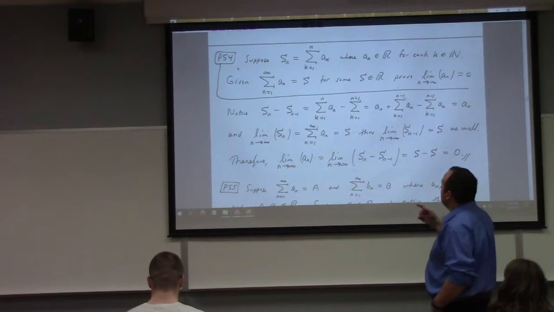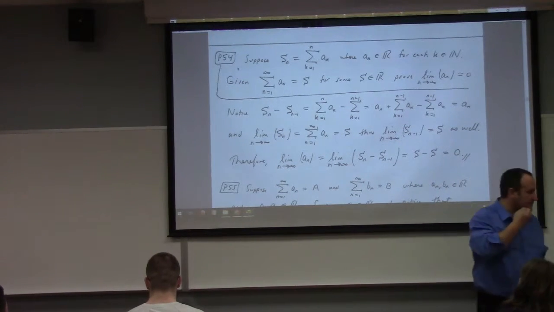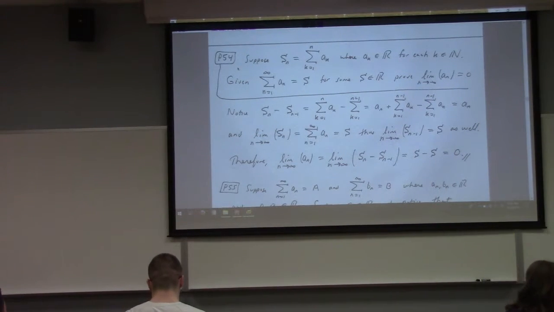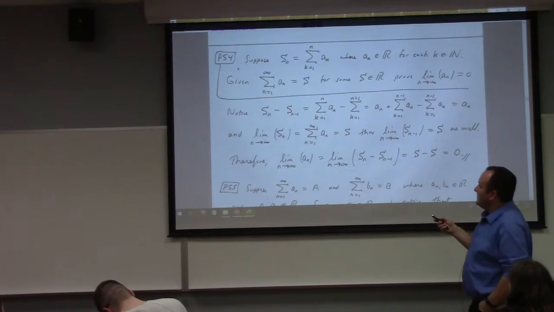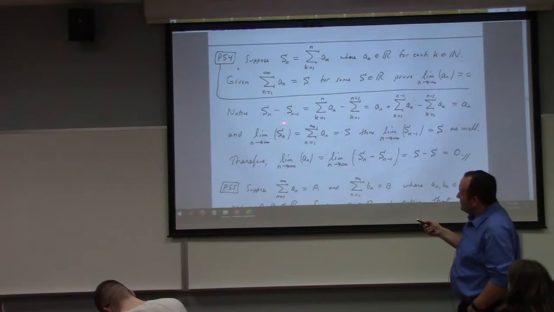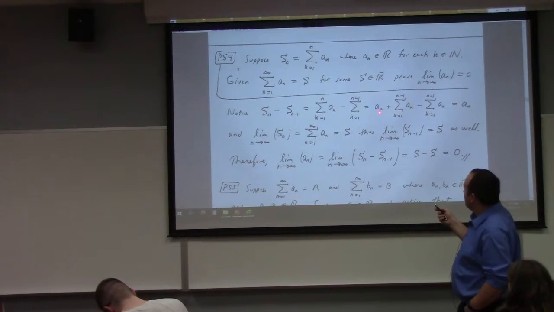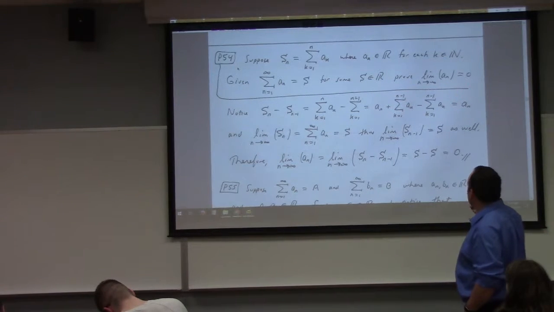If you assume that the series converges, and we use S sub n for the nth partial sum, then we can observe that the difference of the nth and the (n minus 1)th partial sums is exactly a sub n.